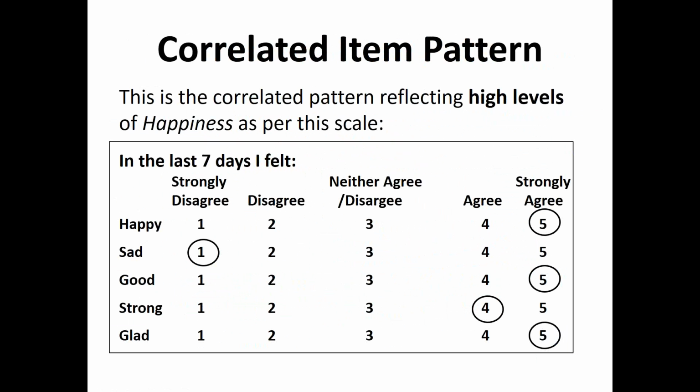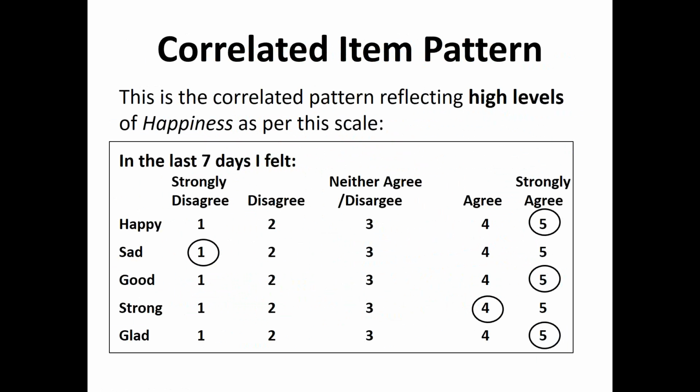So what do we mean by a patterned response? Let's say this is the scale measuring happiness, and all these items are combined for the happiness score at pretest, and then all 5 are given again at post-test, and then you get the happiness score at post-test. Well, there's a pattern. If somebody is asked how happy they are on that first item, in the last 7 days, I felt happy, and they say strongly agree, that gets a 5 for happy.